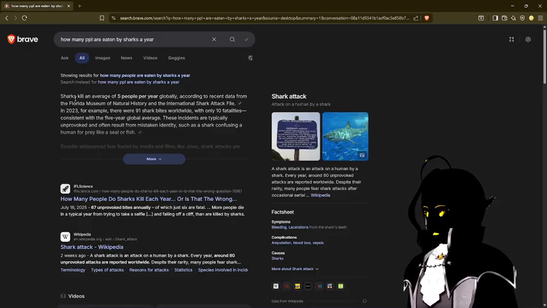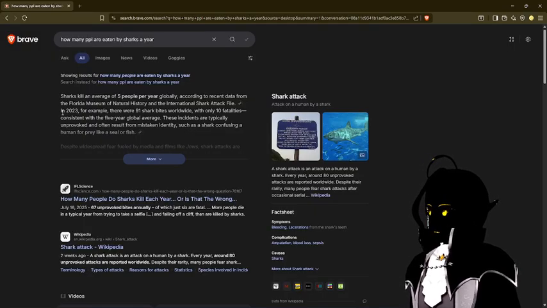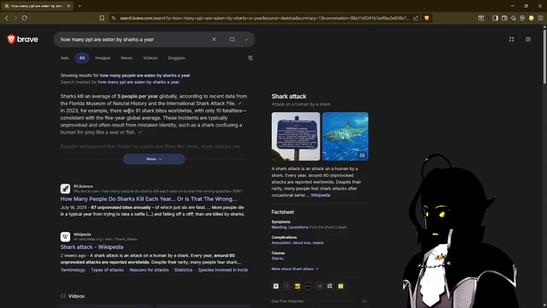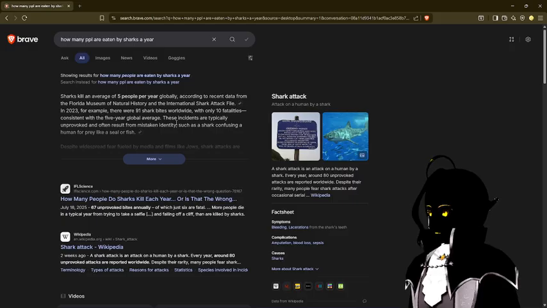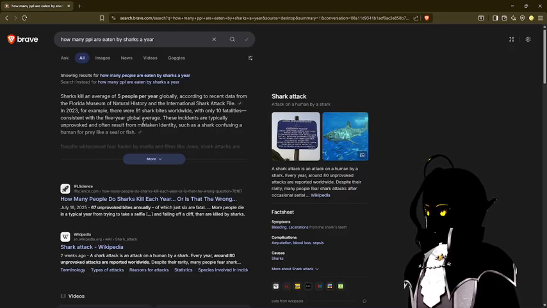All right. So sharks kill an average of 5 people a year globally, according to recent data from the Florida Museum of Natural History, the International Shark Attack File. In 2023, for example, there were 91 shark bites worldwide with only 10 fatalities. Consistent with the 5-year global average, these incidents are typically unprovoked and often result from mistaken identity, a shark confusing a human for prey like a seal or a fish.